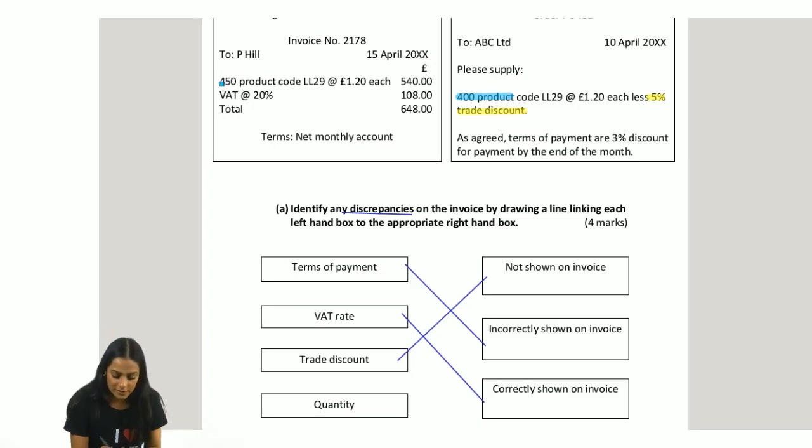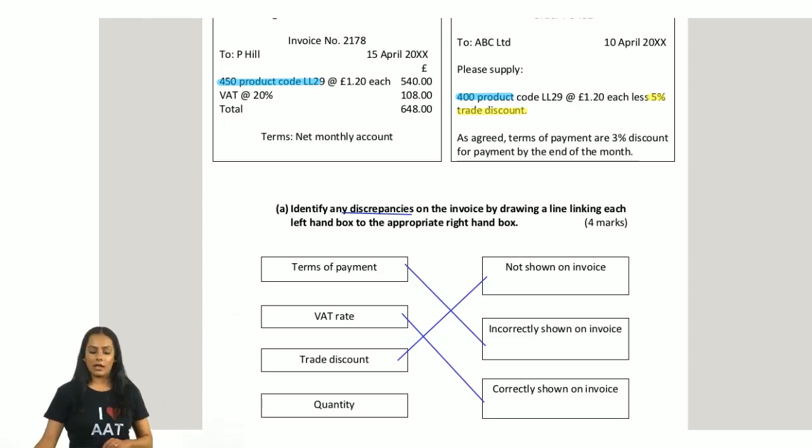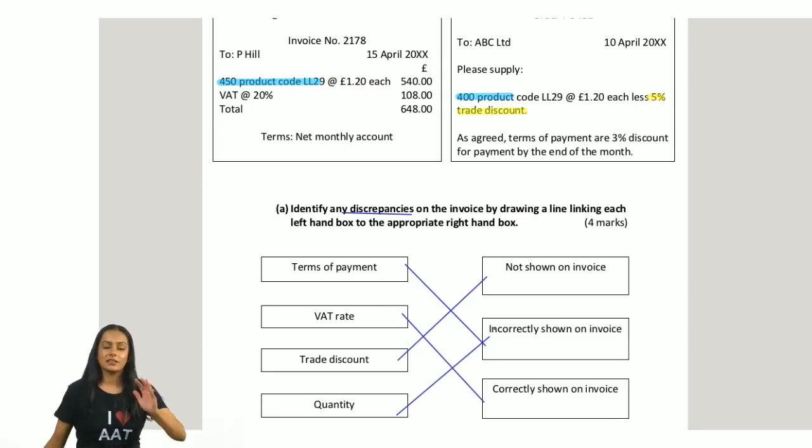But on the invoice, they have charged us for 450 units of product LL29. So the quantity, the number of units, has been incorrectly shown on the invoice. And there you have it, guys. I have selected the item to the correct description and I've achieved 4 out of 4 marks.